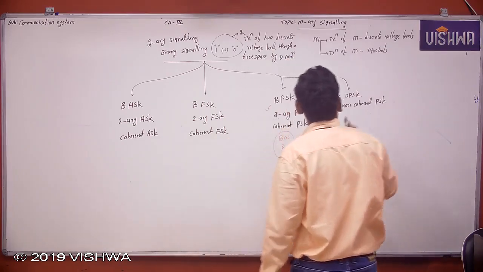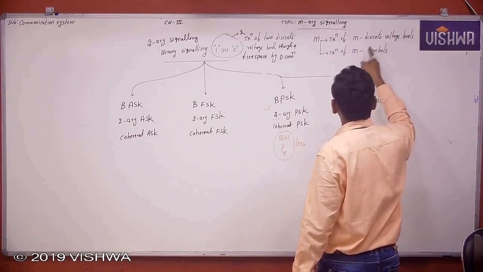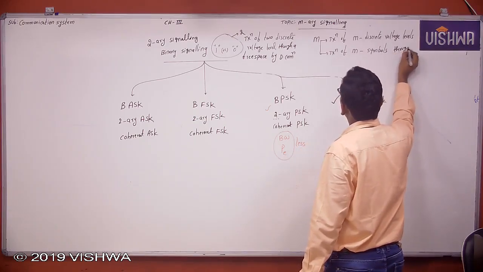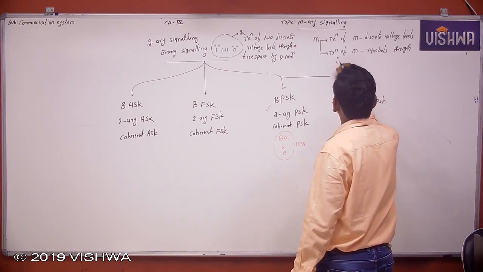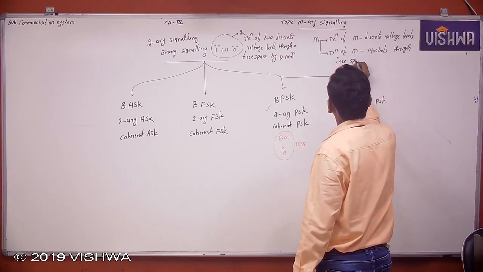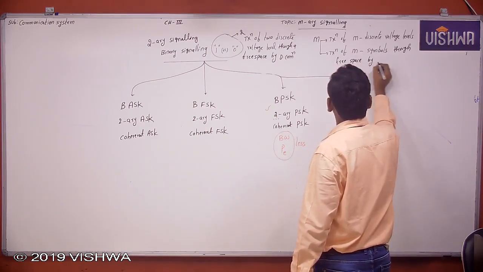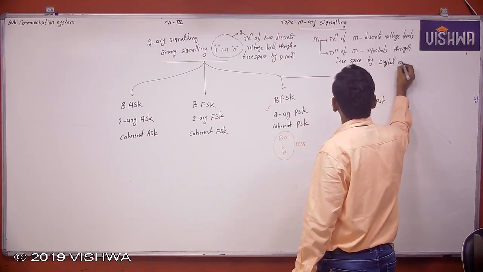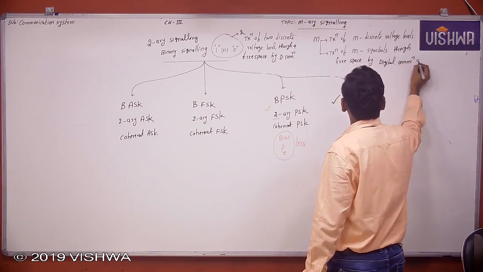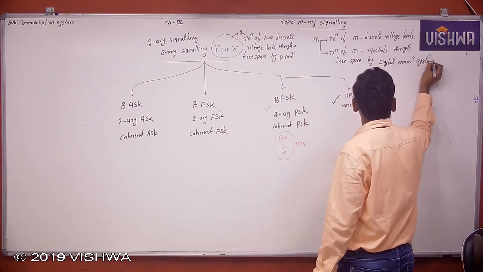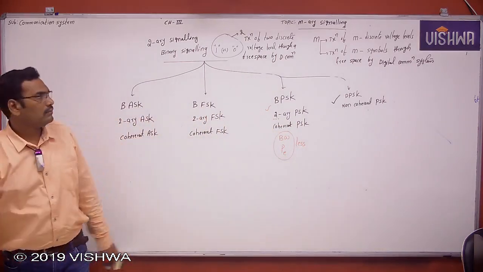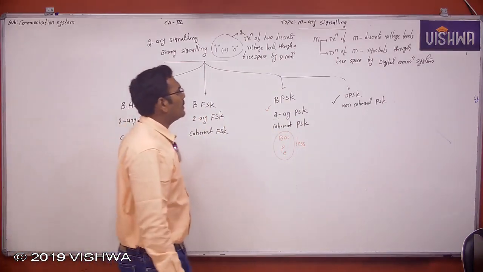Now similarly, transmission of M discrete voltage levels, or transmission of M symbols, through free space by a digital communication system is called M array signaling.